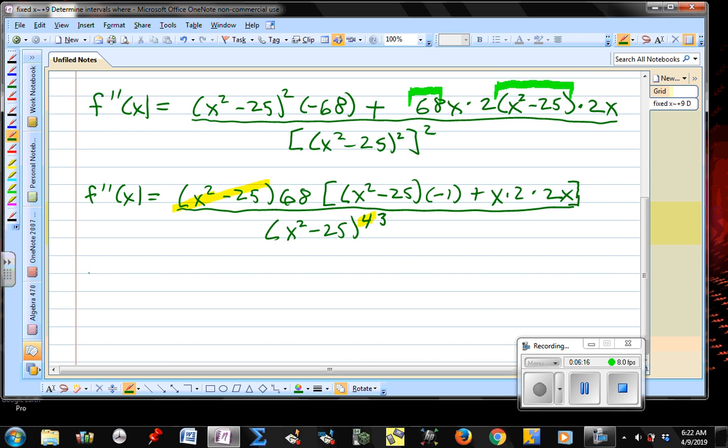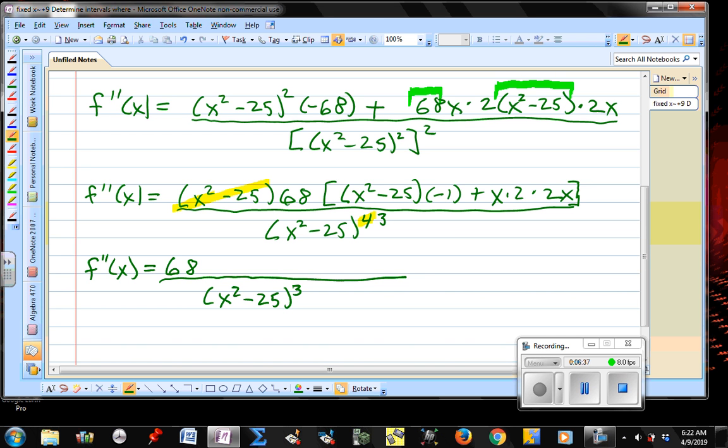So we're left with 68 times something over x squared minus 25 quantity cubed.